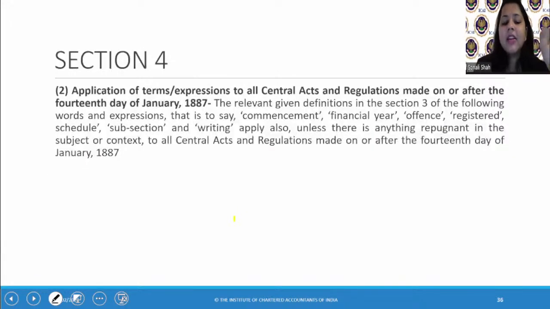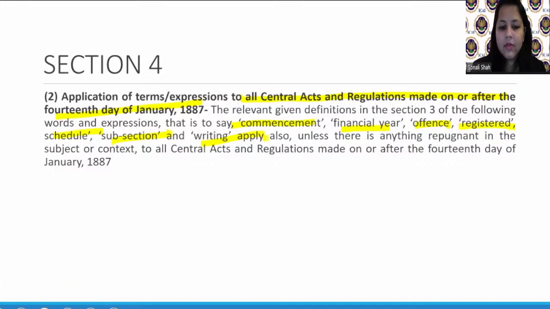Further, subsection 2 provides for certain definitions that will be applicable to all central acts and regulations that were made on or after 14 January 1887. These terms are commencement, financial year, offence, registered, schedule, subsection, writing. Correct?